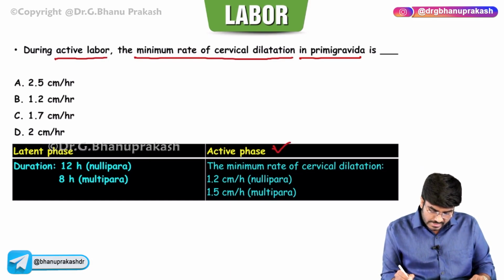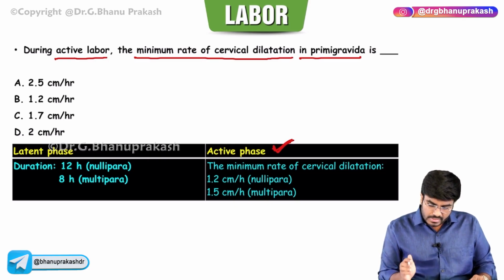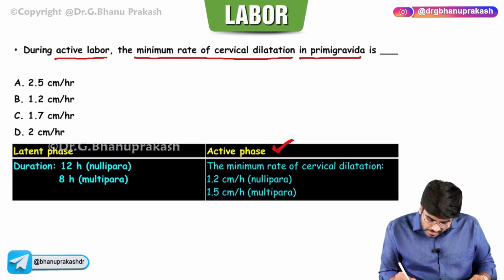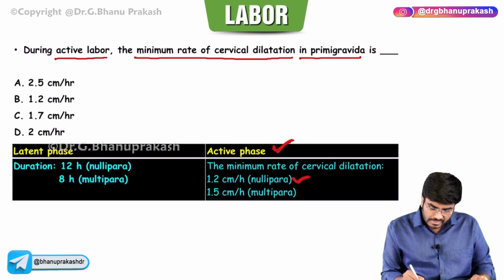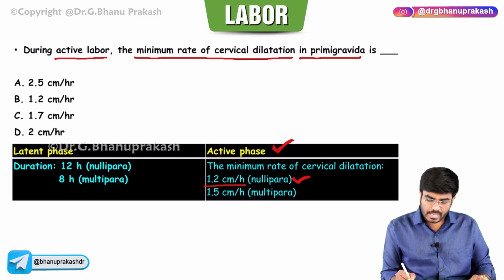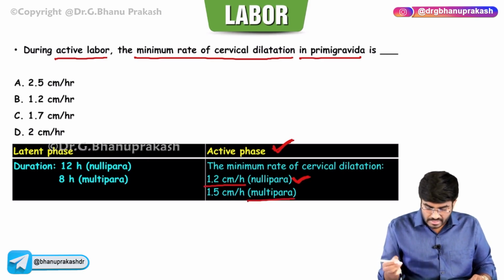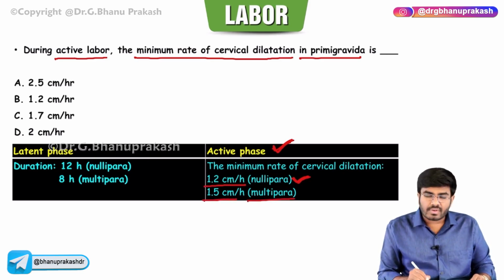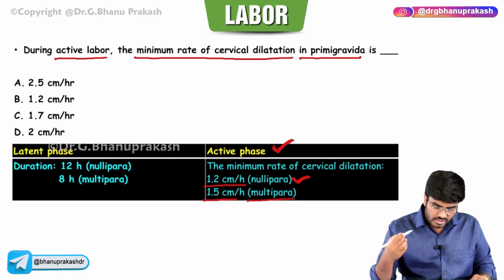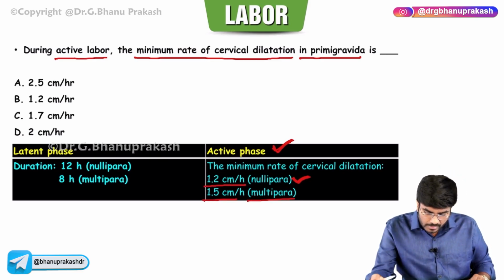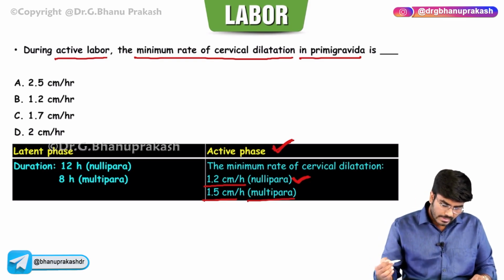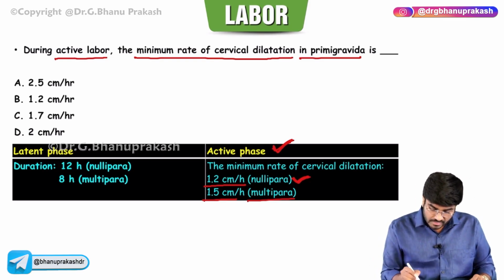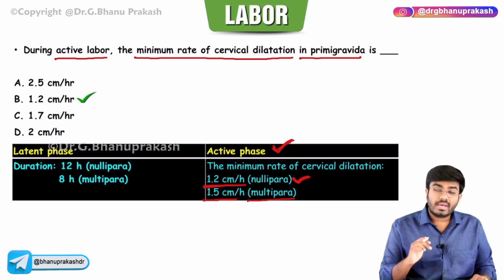In the active phase, in a primigravida or nullipara, the cervical dilation rate should be at least 1.2 centimeter per hour, and in a multipara or multigravida, at least 1.5 centimeter per hour. So what is our question asking? During active labor, the minimum rate of cervical dilation in primigravida is, sorry, 1.2 centimeter per hour.